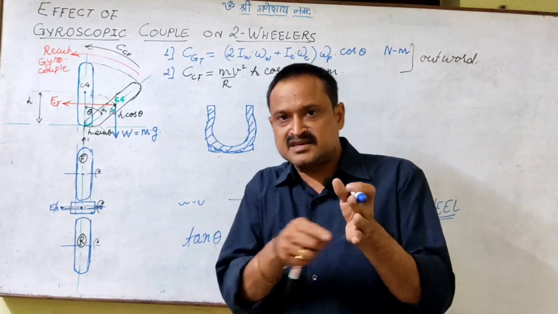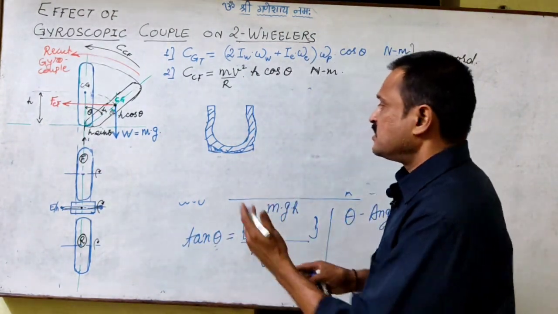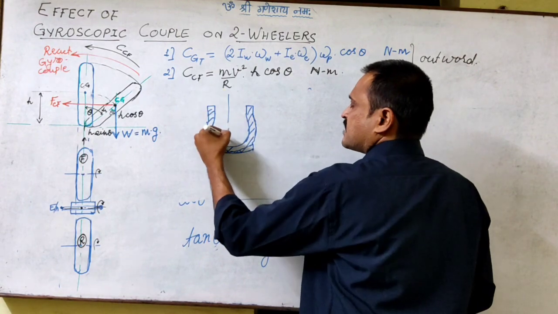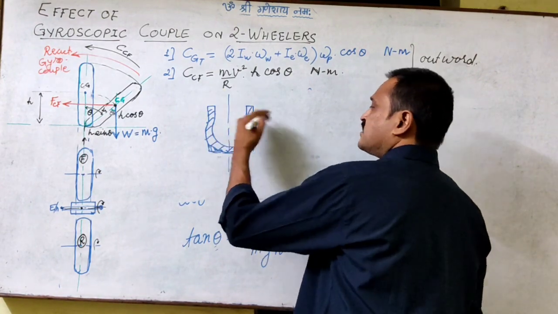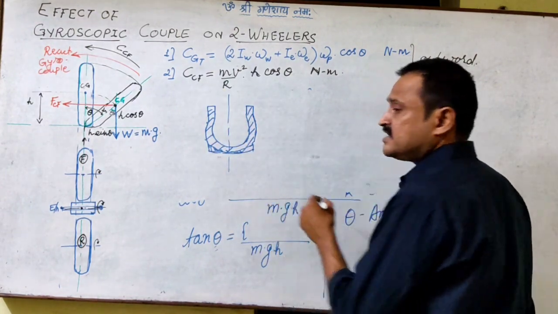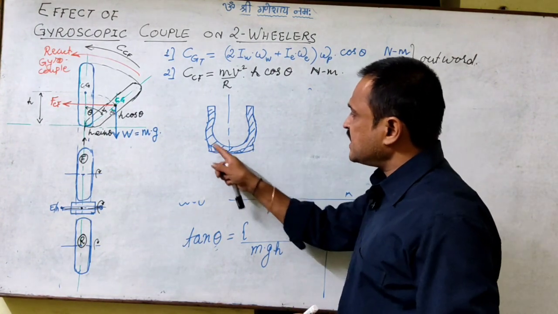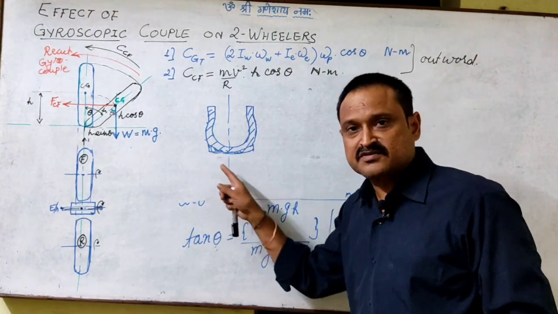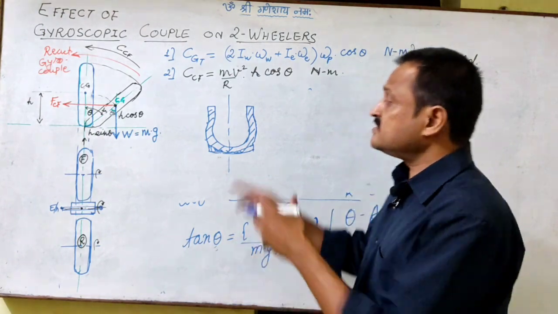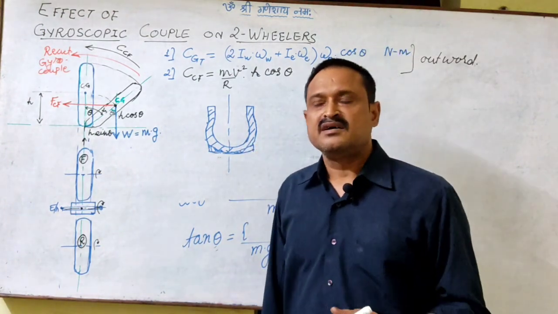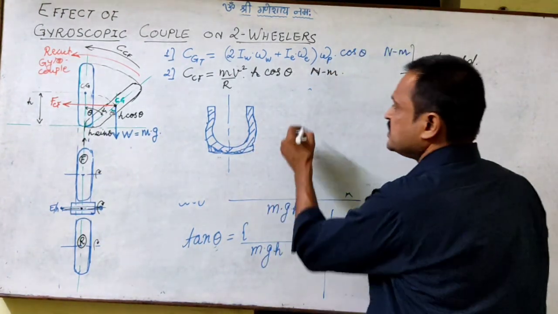What I can manipulate is the radial distance. So as much as I increase the angle of heel in the earlier vehicles, the cross section of the tires were like this, and they were low speed as compared to the vehicles which we are now riding.